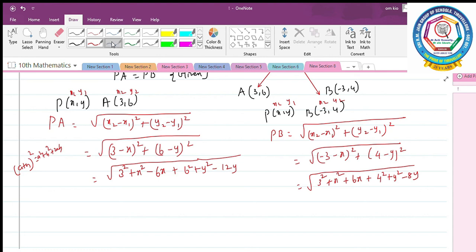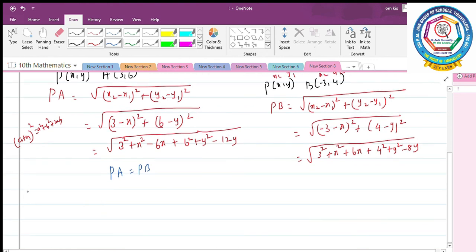Now I am going to equate this, that is PA equal to PB. What is the PA distance I got here? Square root of 3 square is 9 plus x square minus 6x plus 6 square is 36 plus y square minus 12y equal to, what is the PB distance?